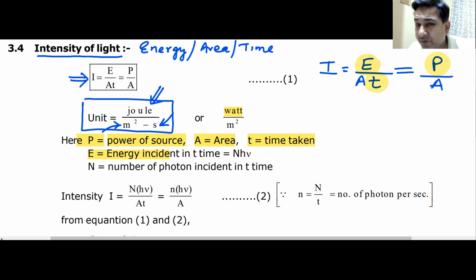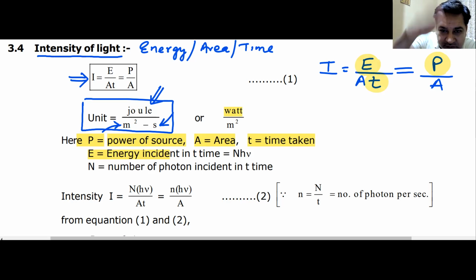What is the energy of one photon? The energy of one photon is H multiplied by F. Yes or no? Energy of one photon is HF. How will I find the total energy which is falling on this body?